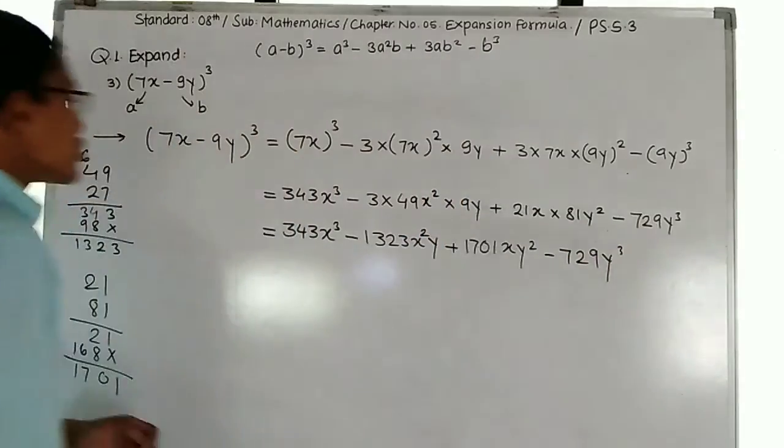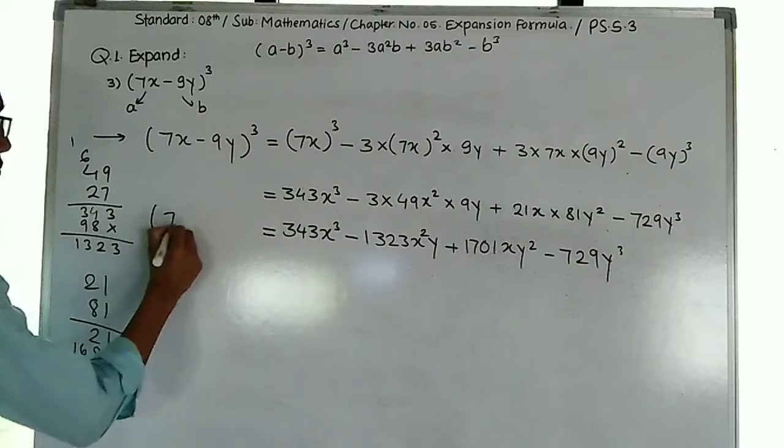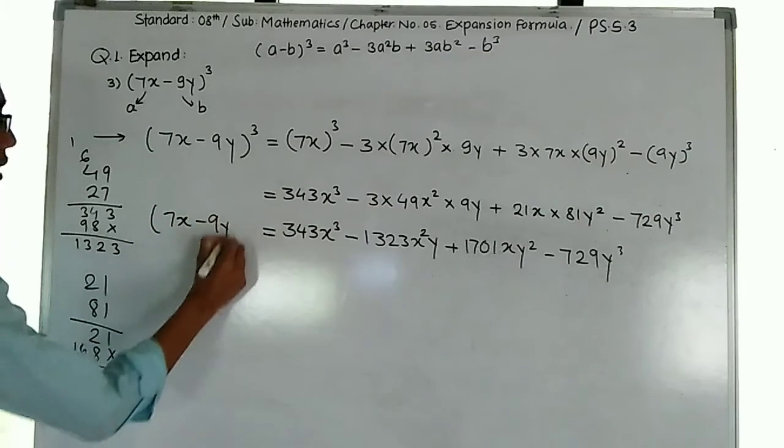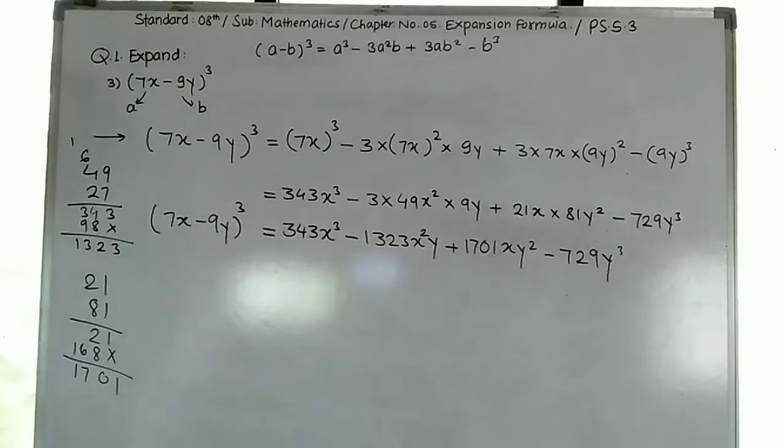So the expansion of (7x minus 9y) raised to 3 is equal to 343x cube minus 1323x square y plus 1701xy square minus 729y cube. So this is the expansion. Let us see another question then.